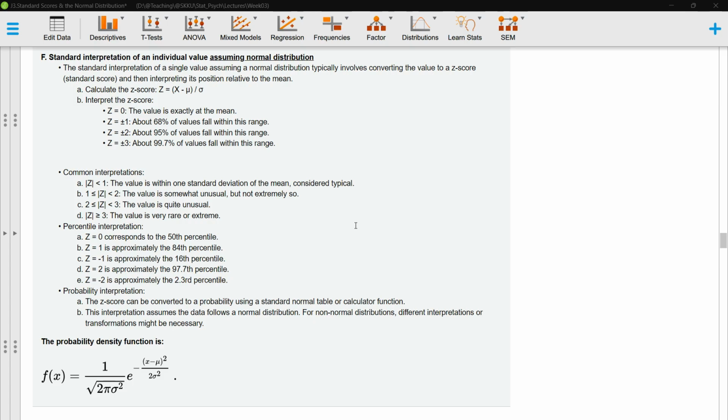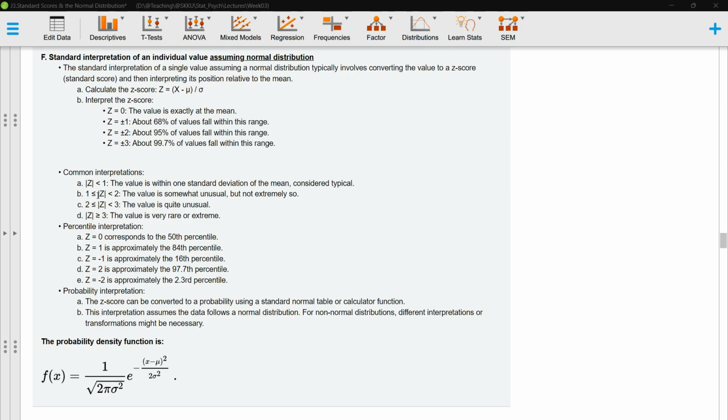And the other common interpretation, in terms of the interval or range: if the absolute value of the z-score is smaller than 1, that value is within 1 standard deviation of the mean. We can consider scores within this range typical values. You remember that 68% of the values are around the center, typically.